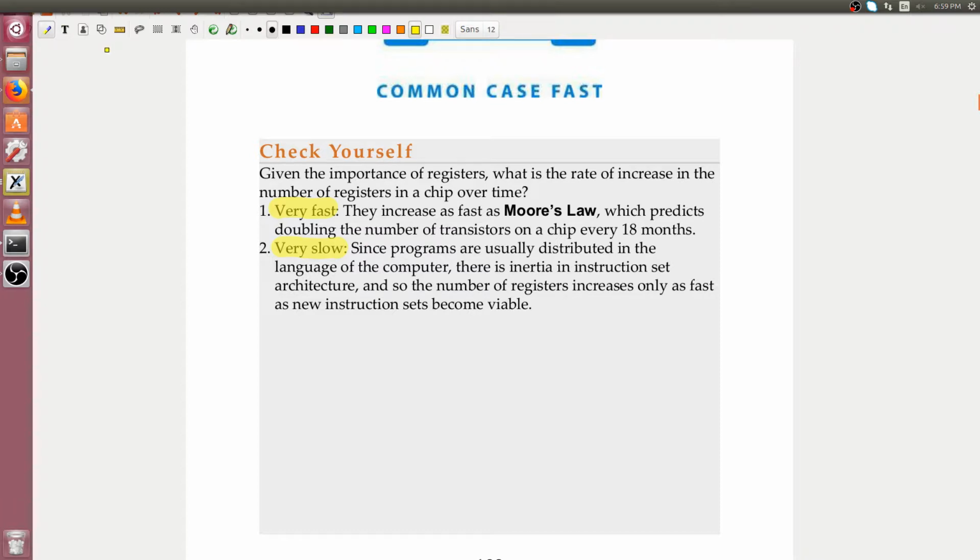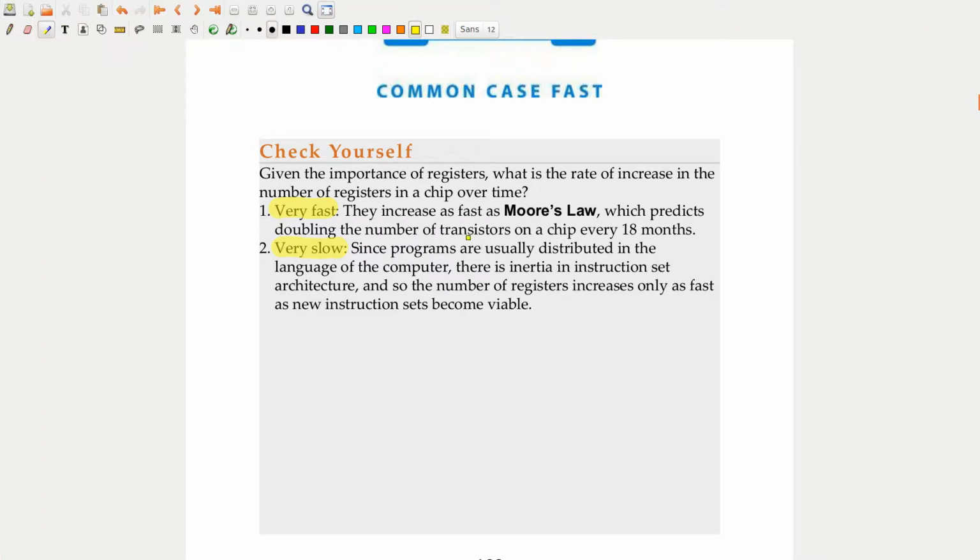And so the reason for that is, think about the difference between creating a new instruction set architecture every single time a new generation comes out. So that means every 2 years, right? Every 2 years or 18 months, you're making a new ISA.